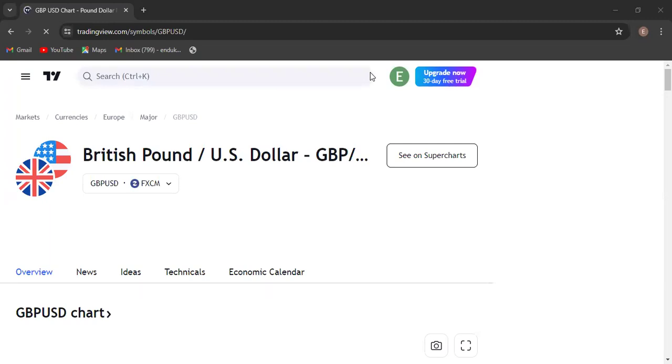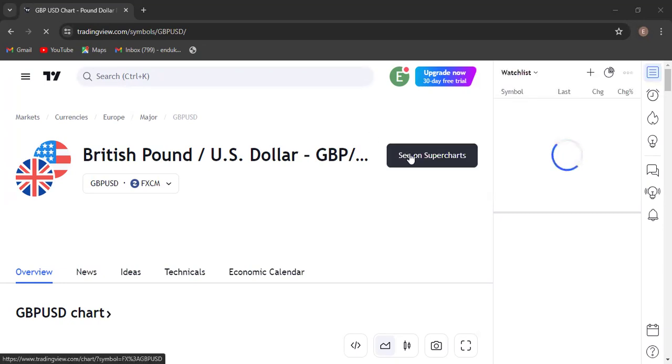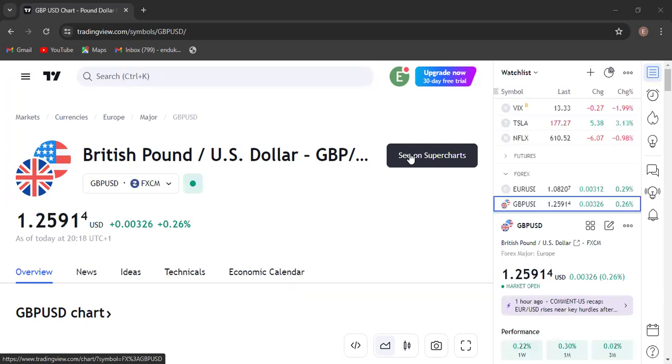TradingView has an app for mobile, and for my PC, I go through the web. I don't use the app. Okay, so this is what your TradingView looks like when you come in.